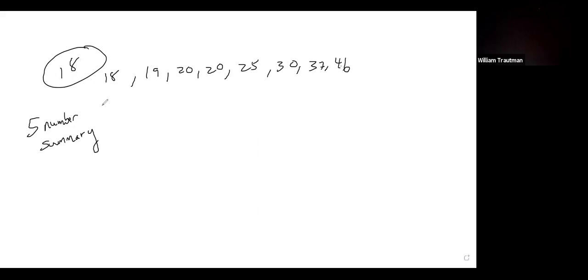Go to number 4 and add those numbers in the list. I'm going to call that list 1, L1. And I'm going to put this data in there: 18, 19, 20, 20, 25, 30, 37, and 46.